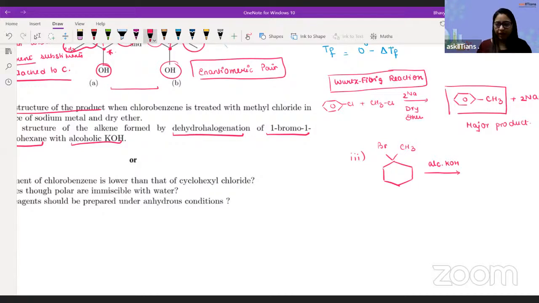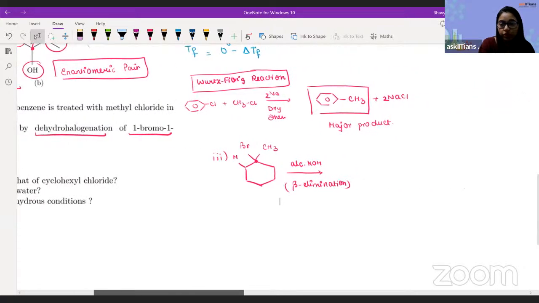So in the loss of HBr, the hydrogen should go from the side carbon. That is the beta carbon, so it's a beta elimination. You can write beta elimination because this is mentioned in your NCERT, so it's good that you write it.